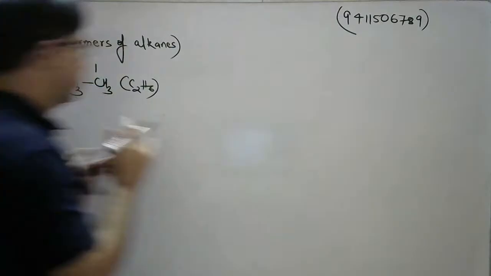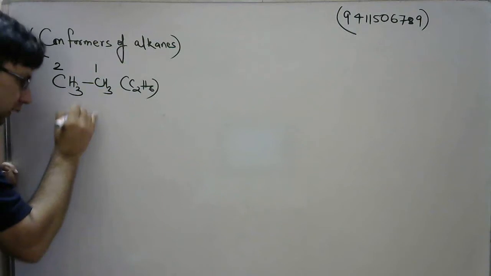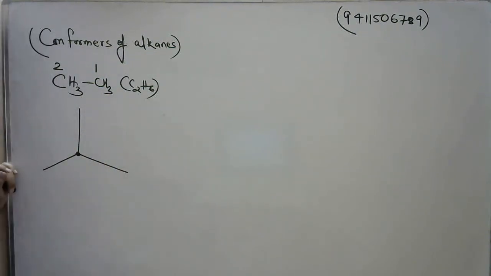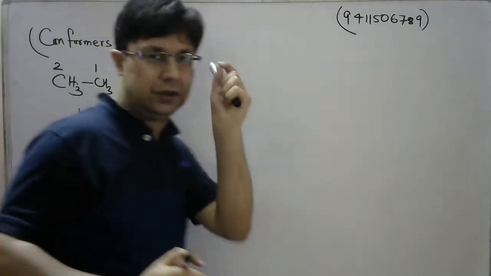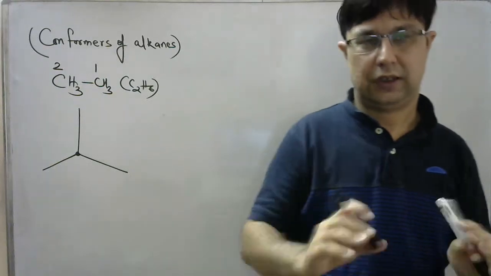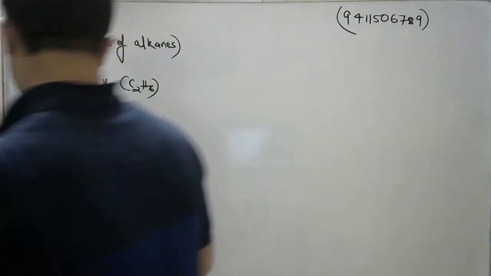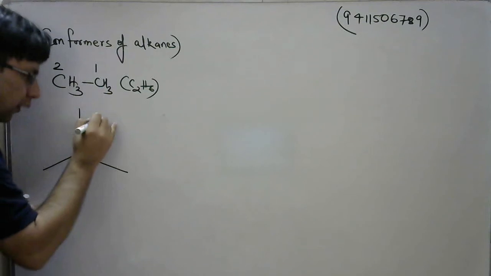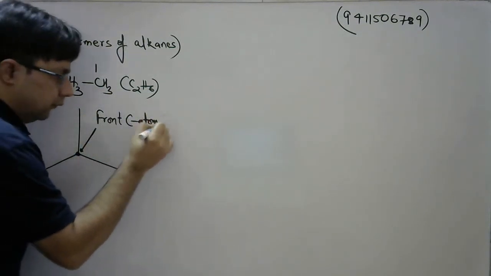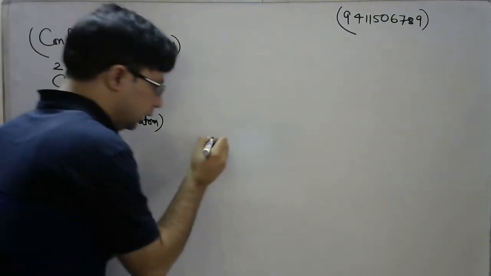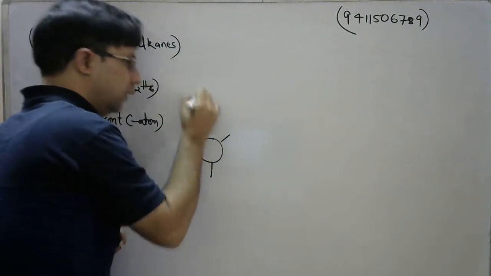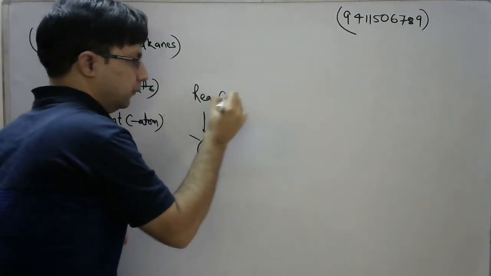So in conformations, we decide that this particular arrangement, a dot followed by three lines which are larger in length, indicates the front carbon atom, and the circle indicates the rear carbon atom.